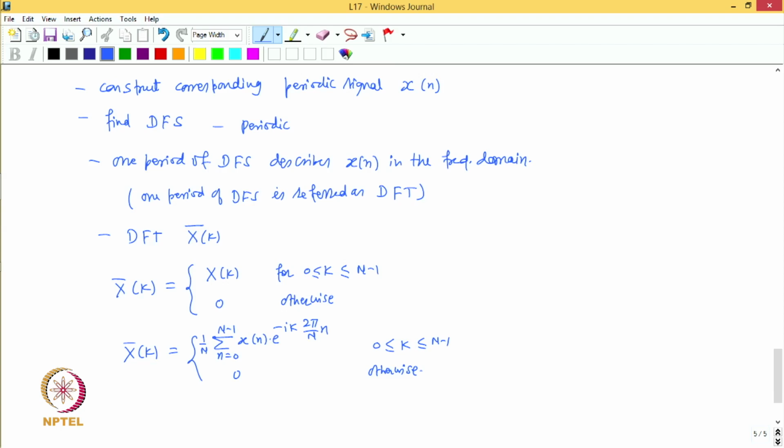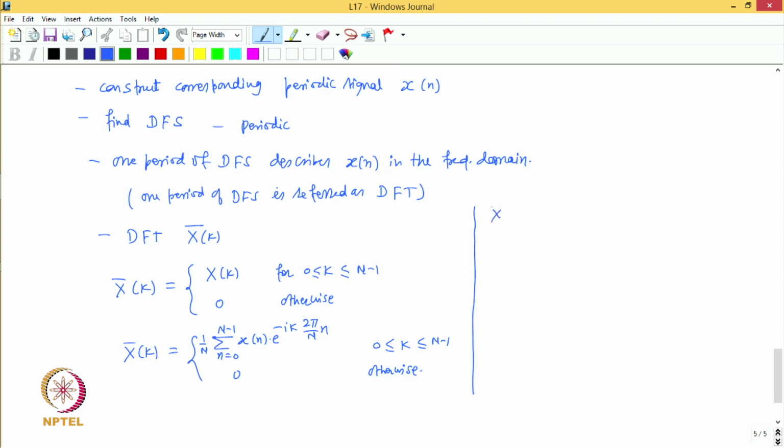So here we can also replace xn by xan, because the summation is only for range 0 to n minus 1, and therefore xan also describes the signal in that range.